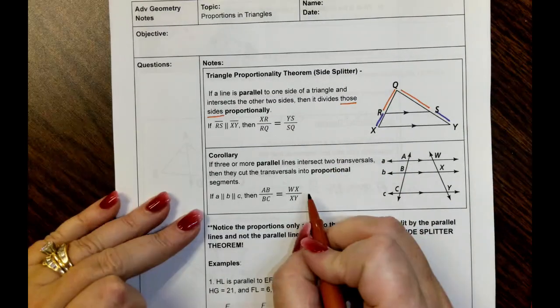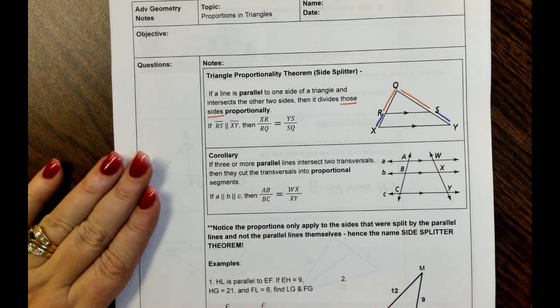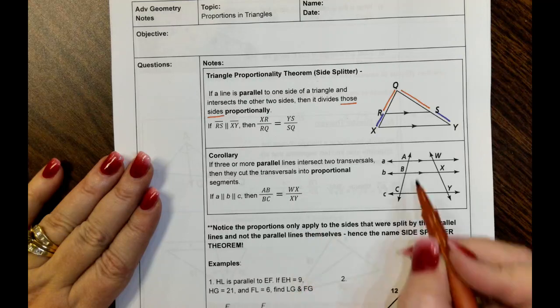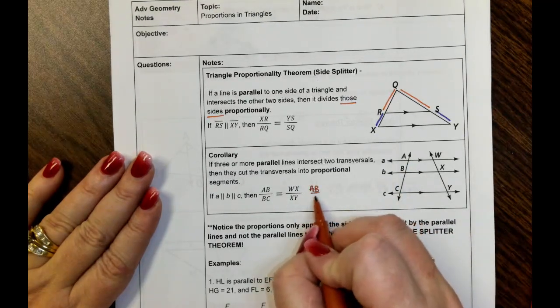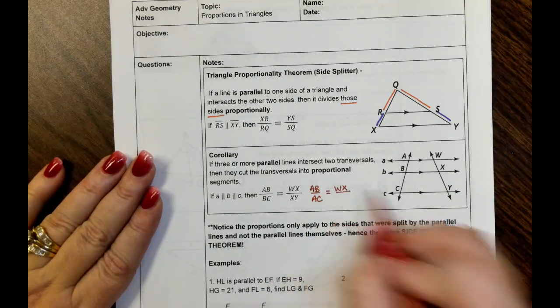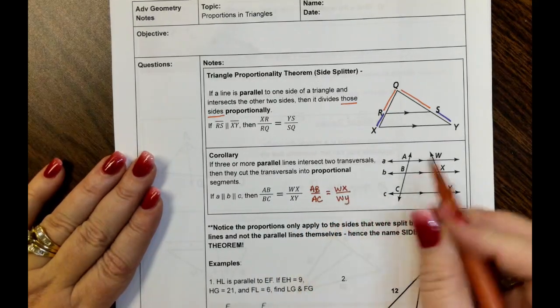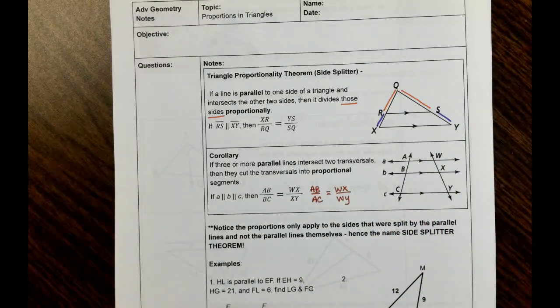So you could say AB over AC is equal to WX over WY. Part, whole, part, whole. So any of those pieces are proportional.